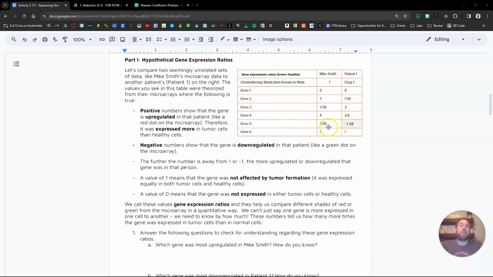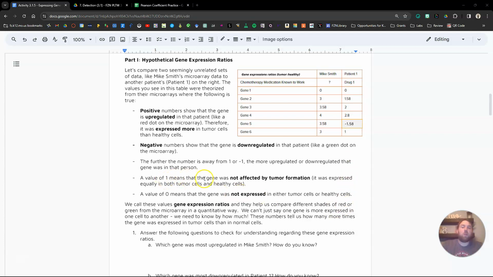This gene number 5 is very upregulated in Mike Smith and quite downregulated in patient 1. So we can see some differences between Mike Smith and patient 1. Even though they both have osteosarcoma, they have different genes activated or deactivated in their tumor cells.